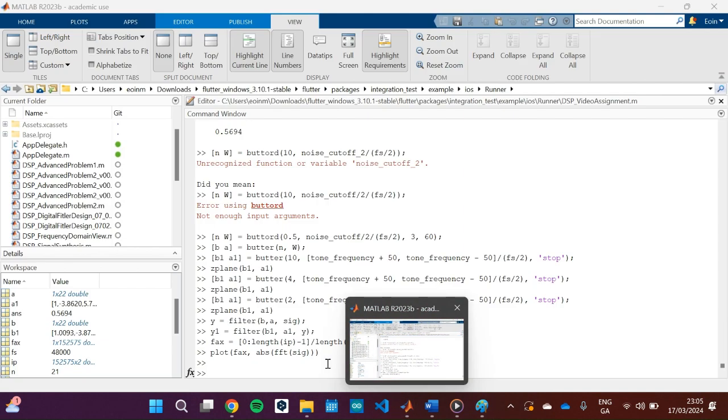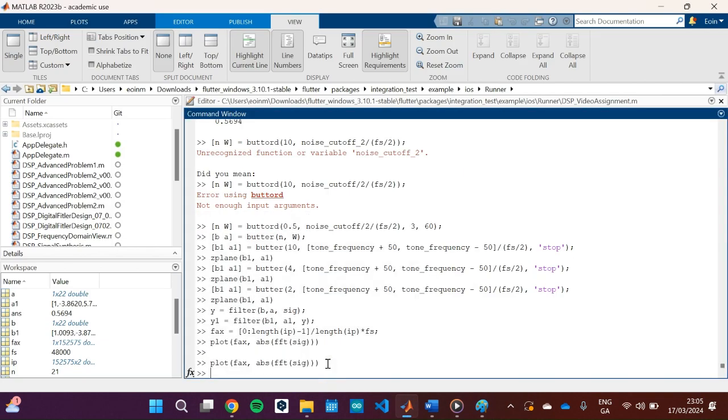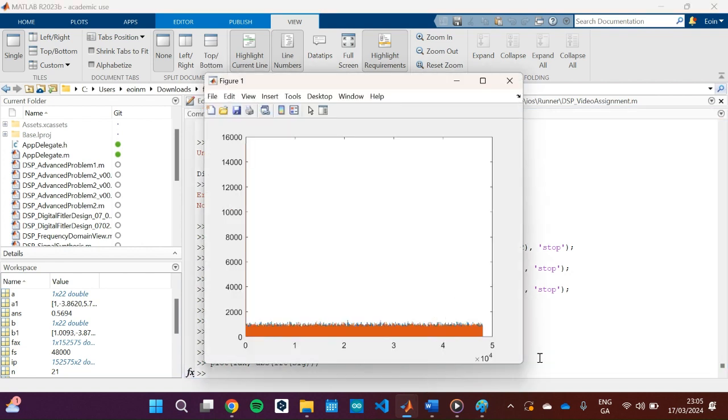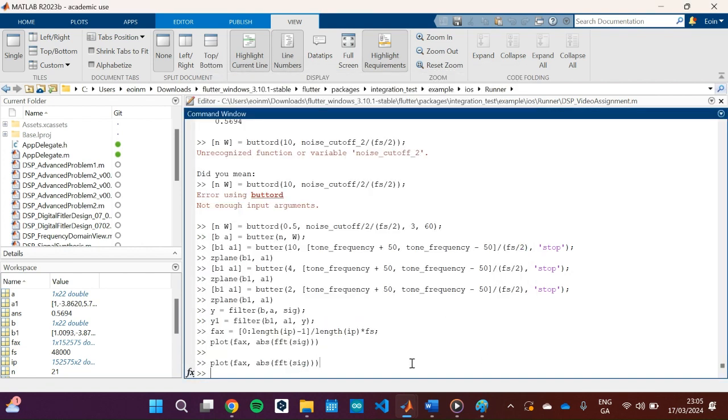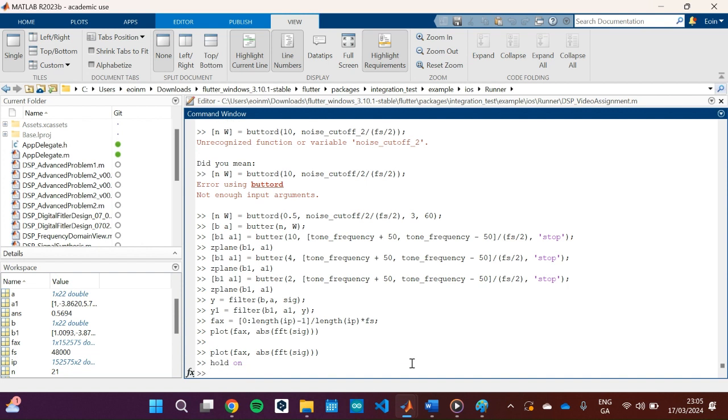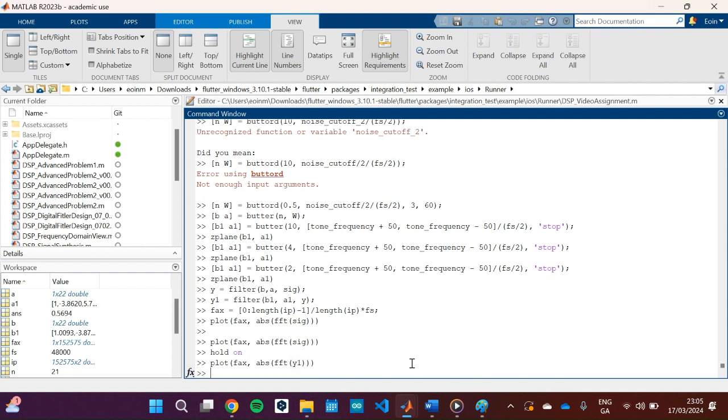And if I close that and try it again, maybe. Yeah, okay, that's how that looks now. And I'll plot the next one, the second signal, on top of the last one. So I'll hold on to that plot and plot against the frequency axis the absolute value of the FFT of Y1, the next input.